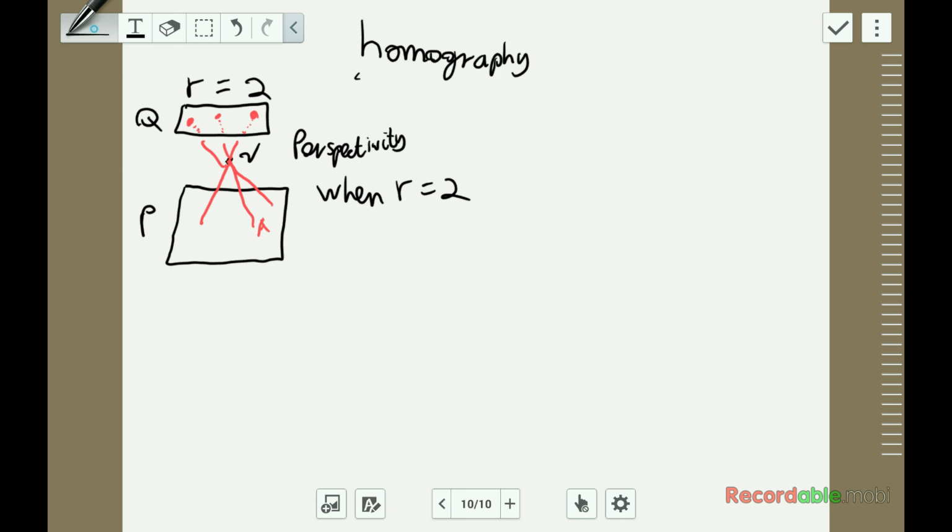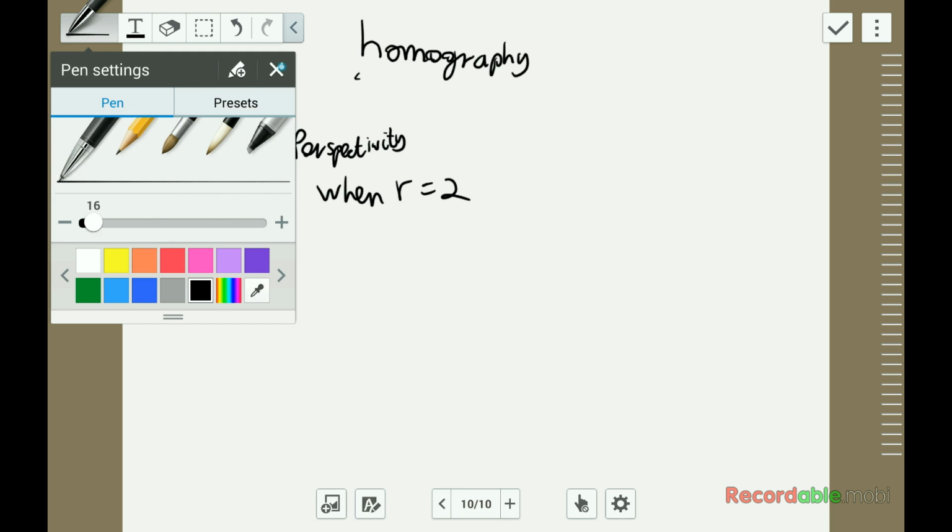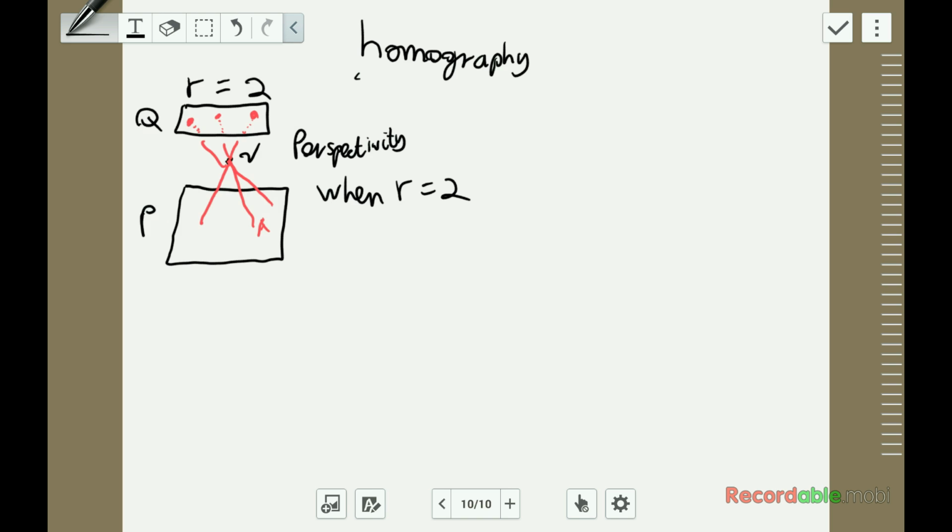Now, there's another idea which is well worth bearing in mind, and that is where you have some sort of generic set of points, I shall call S, maybe a single point or whatever.